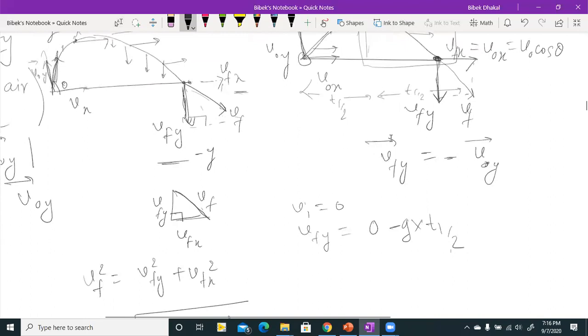If you find t/2, you'll get vy equal to negative v naught sine theta, if you calculate it.